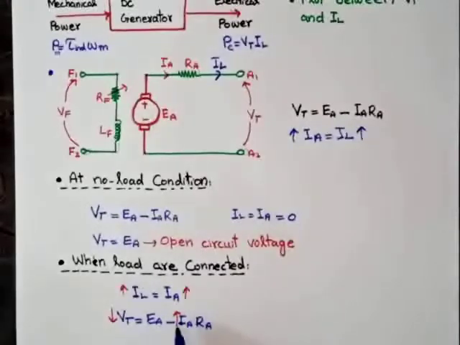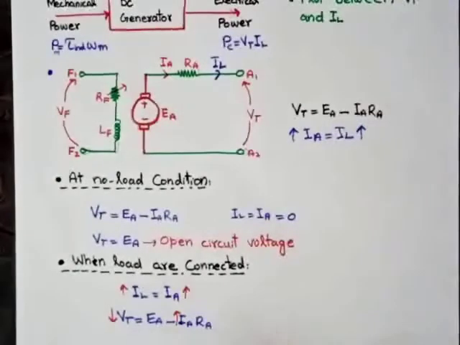When the armature current will increase, then the terminal voltage will decrease, because the relationship between armature current and the terminal voltage is inversely proportional due to this minus sign.